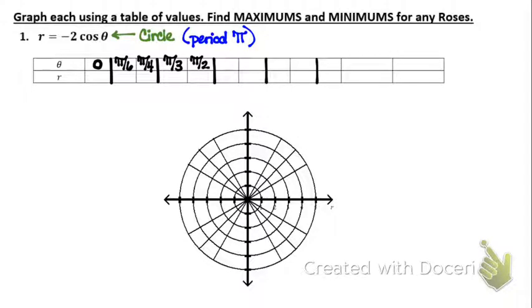What's the next one? 2 pi over 3. 3 pi over 4. 5 pi over 6. And pi. That's as far as we need to go for our circles. You following? Okay, good. We're just writing down what we're using as our input.